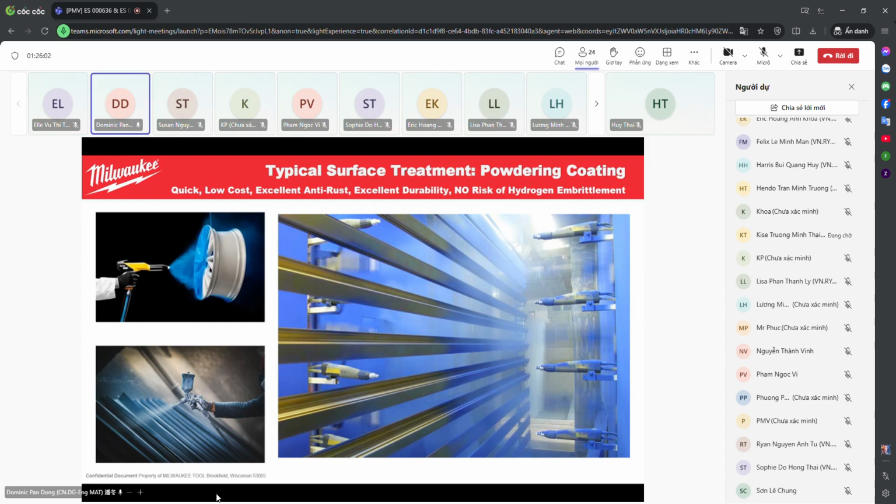And the last one is the so-called powder coating. Again, it's quite commonly used for automobiles, for architecture, or for civil buildings. But powder coating has very tough requirements, especially in Vietnam, in China and in Europe, about EHS, environment and health protection. It's easy to explode.